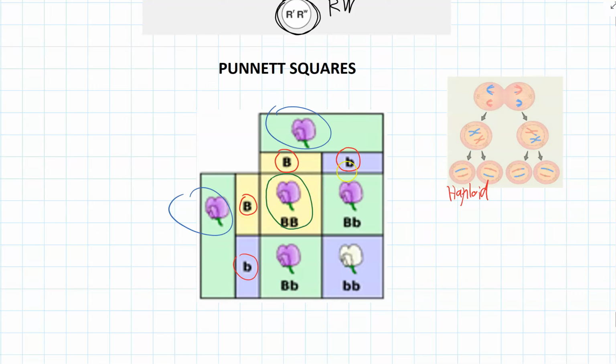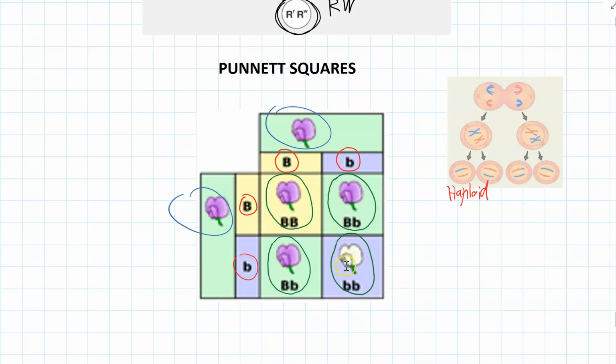If this small b allele happens to fertilize the big B allele here, this pea plant will be big B little b. The same here. And then if the 2 small b gametes come together and fertilize, then we're going to have a small b small b flower.